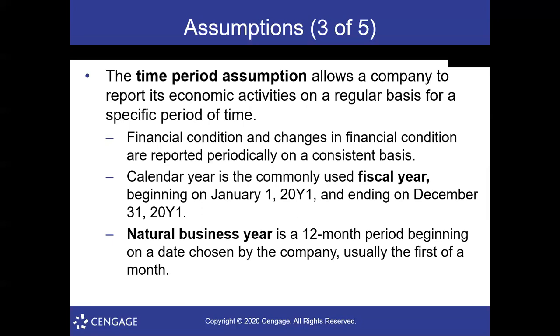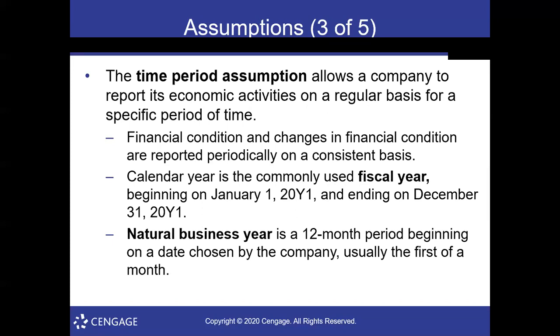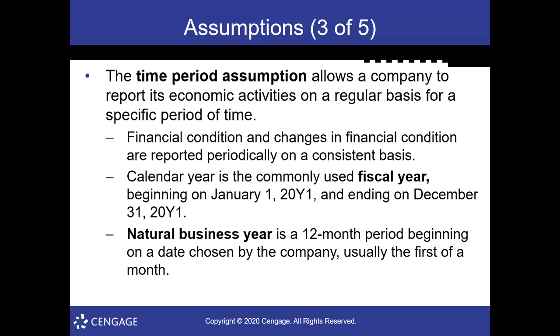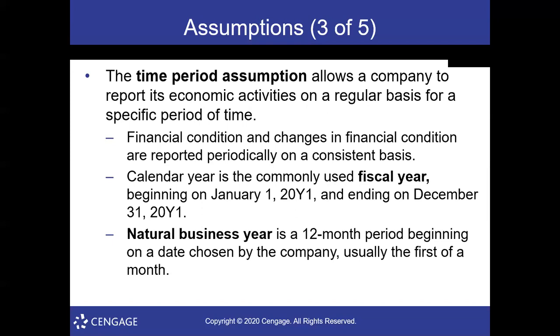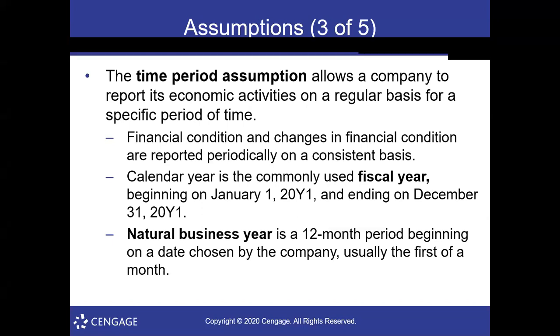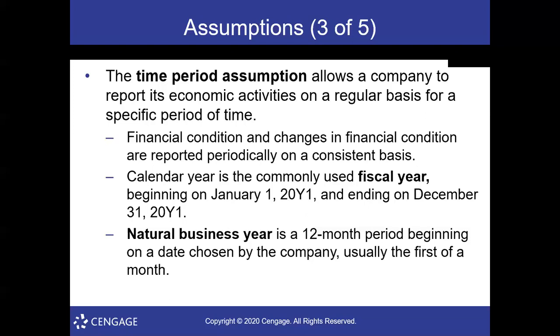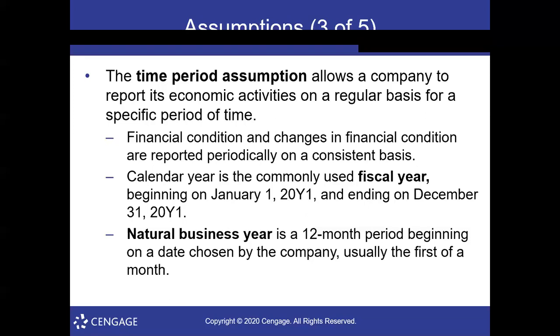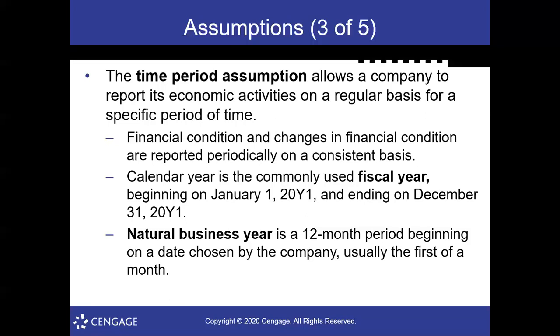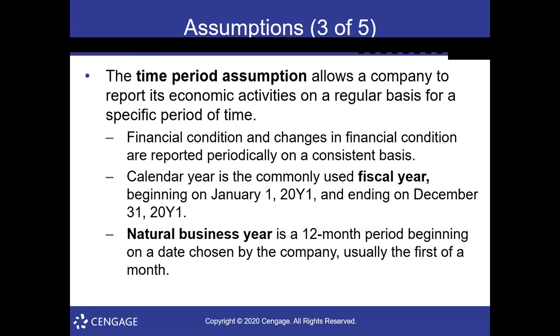The NBA ends on July 31st so that it's the end of their championship season. The NFL is an end of February, the 28th or 29th, once again, in order to incorporate the Super Bowl into the fiscal year. So it varies, and when we get to the financial statements, these are all readily available at the top. It will tell you exactly what year end or month end or quarter end the financial statements are reporting.